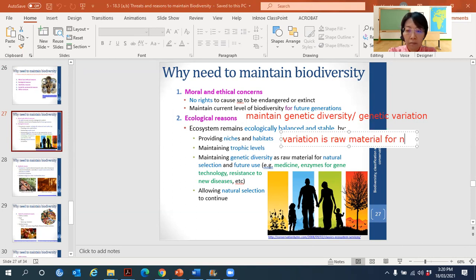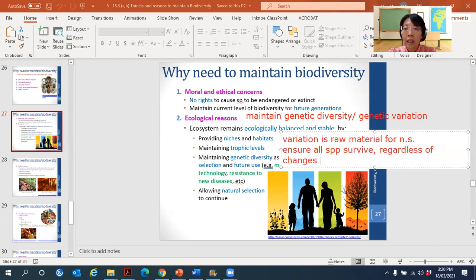for natural selection. Okay, what do you mean by raw material for natural selection? It means we want to ensure that all species on Earth will survive, regardless of changes in the selection pressure. It means the environmental condition can change with time.